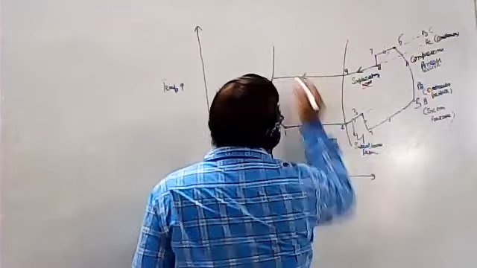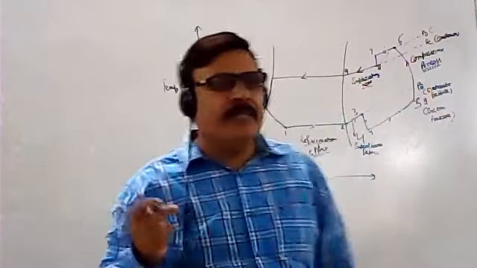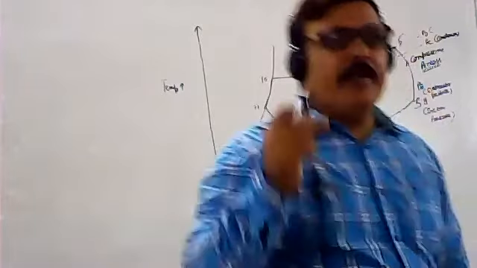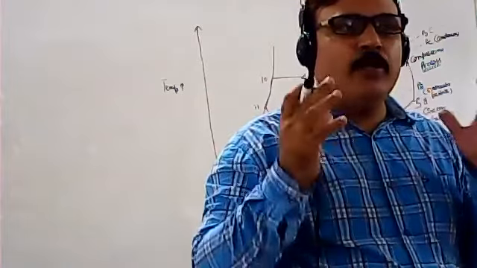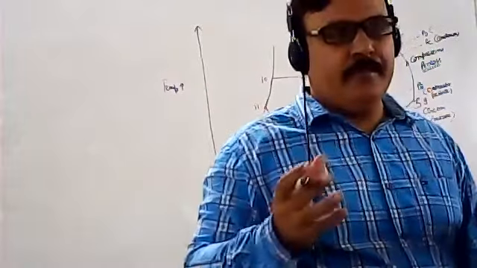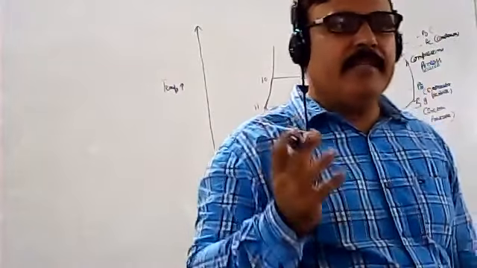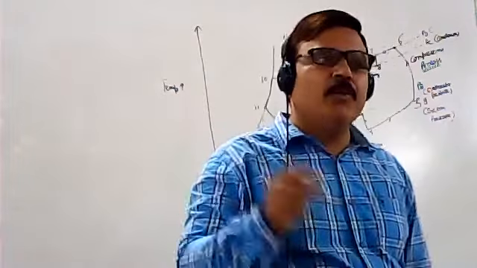Then, when the refrigerant is passing through the condenser, condensation will take place. It will lose its latent heat, and when the refrigerant loses its latent heat, there will be a phase change. The vapor refrigerant is converted into liquid.